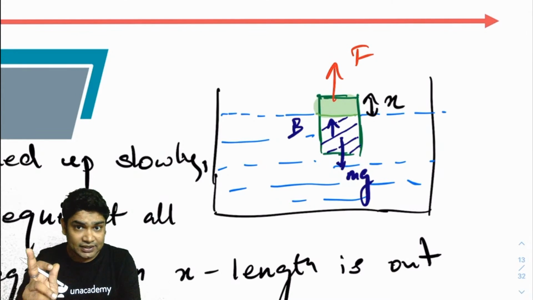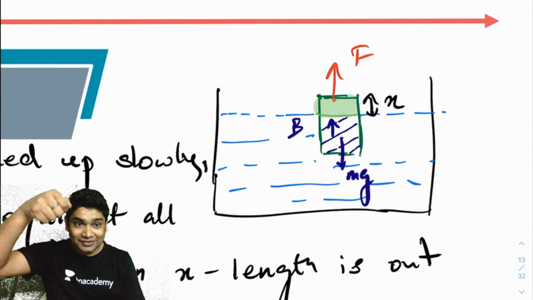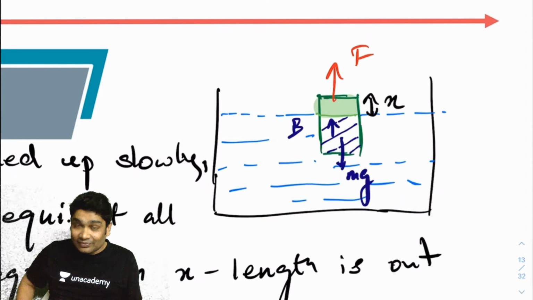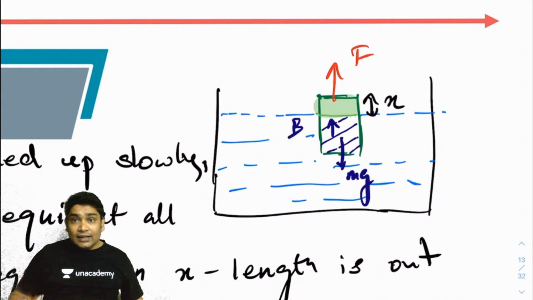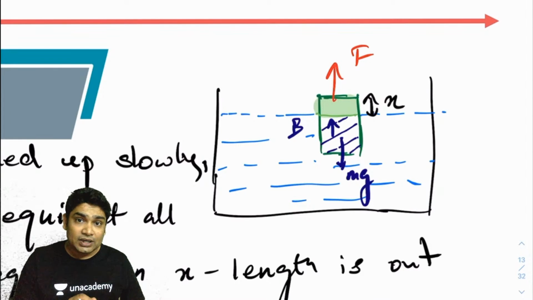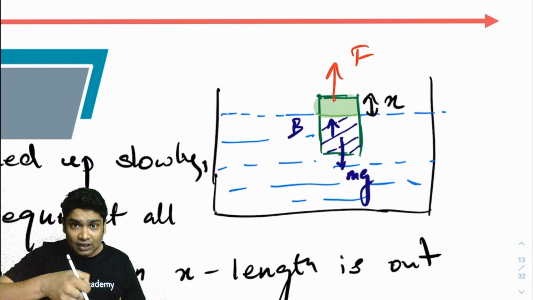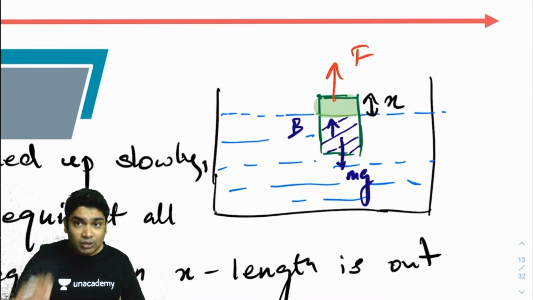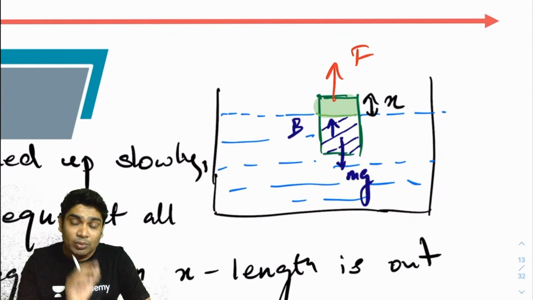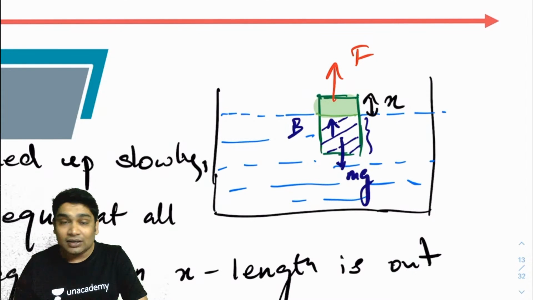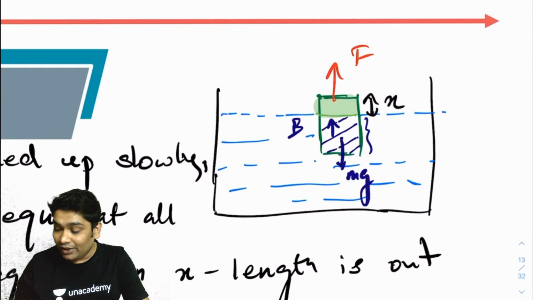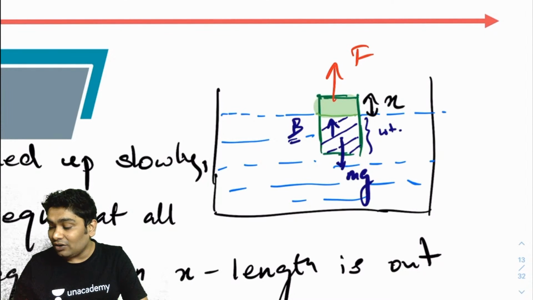The force by the external agent: the external agent is pulling it, maintaining it in equilibrium. Till the time it was completely submerged, there was no net force, so the external agent would apply a negligible amount of force and be able to pull it up. But the moment some part gets out, the buoyant force can only balance the weight of the part that is still submerged.